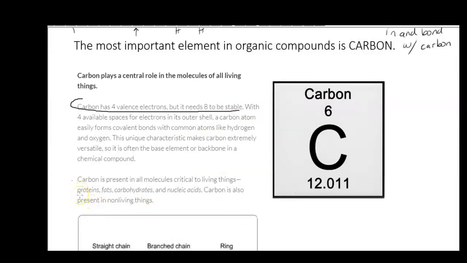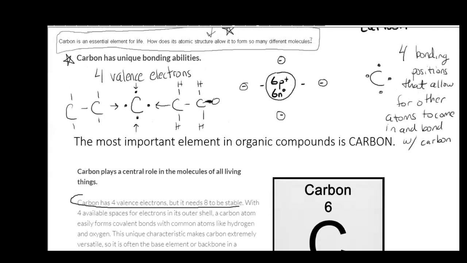We talked about those organic compounds that are important for us: proteins, fats, carbohydrates, and nucleic acids. Because carbon only has 4 valence electrons, which gives it its 4 available spaces for other atoms to come in and bond. I'll show you again.